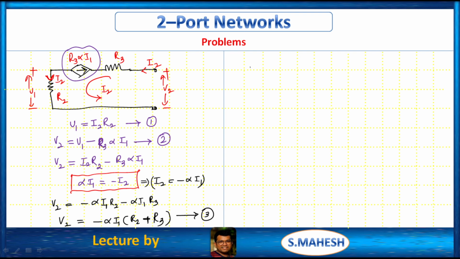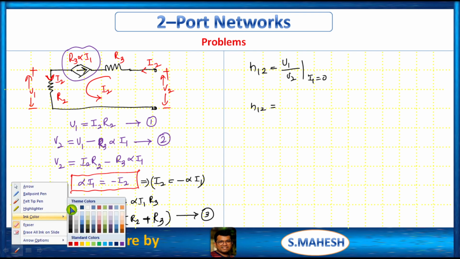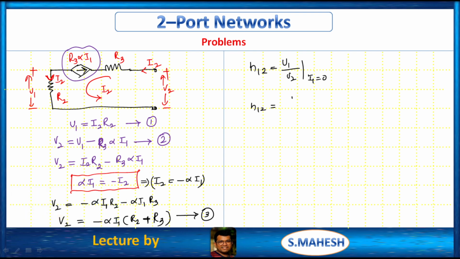We want only H12, which is V1 by V2 when I1 is equal to 0. V1 we already know, it is I2 R2, divided by minus alpha I1 times R2 plus R3.